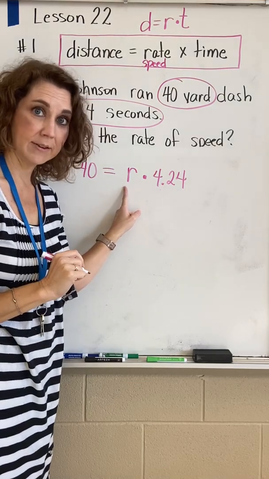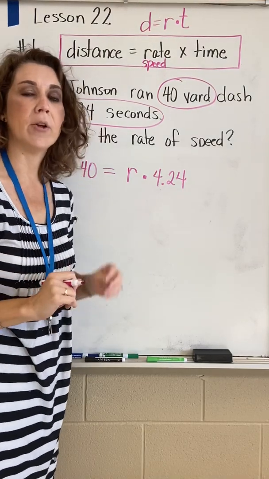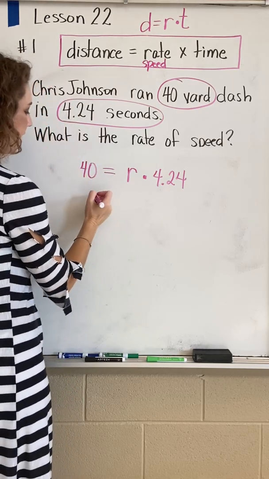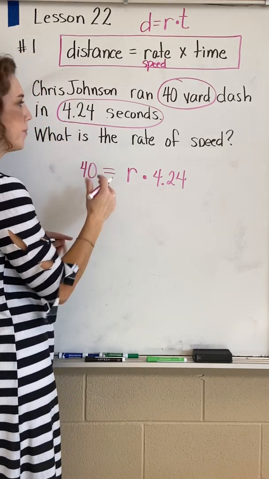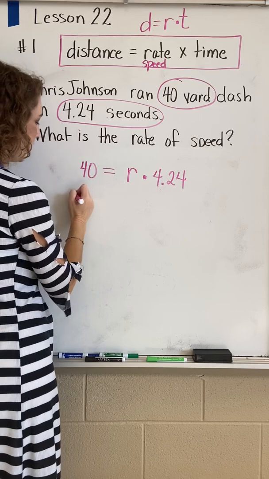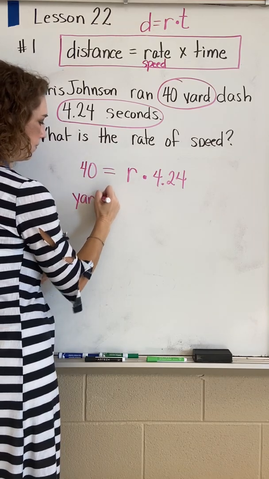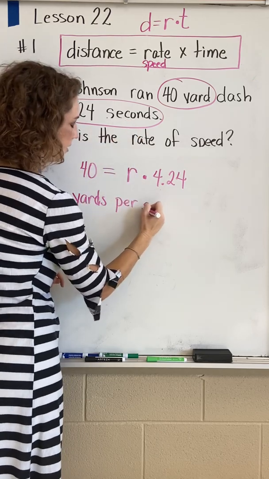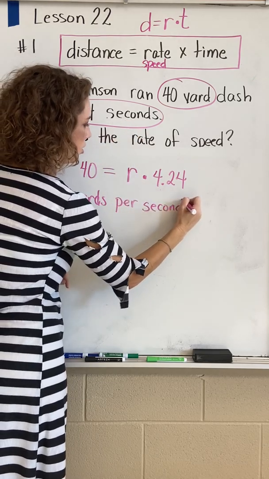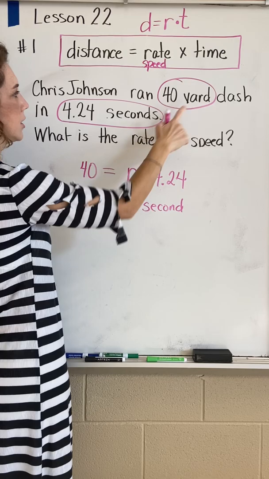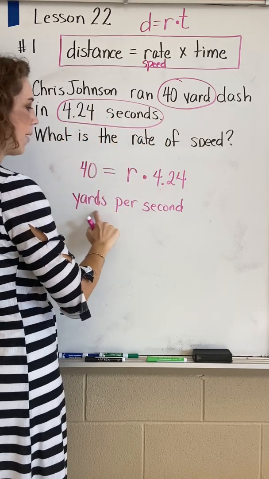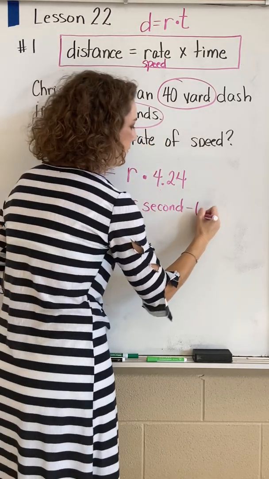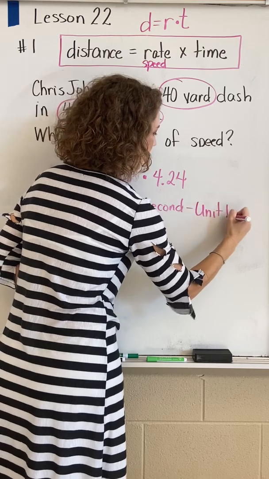So could we figure out how fast he was running? Can we figure out his rate? And we can. We're going to go back to what we learned about ratios. If we want to put this in a ratio, we want to figure out yards per second. How many yards per second? That would be his unit rate. This is how we found unit rate last week.